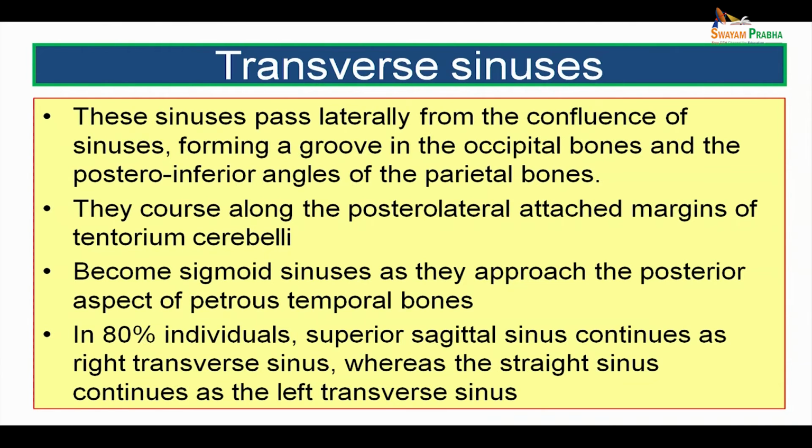They continue as the sigmoid sinuses as they approach the posterior aspect of the petrous temporal bones. In about 80% of individuals, the superior sagittal sinus continues as the right transverse sinus, whereas the straight sinus continues as the left transverse sinus. In the remaining 20% of individuals, it is vice versa.